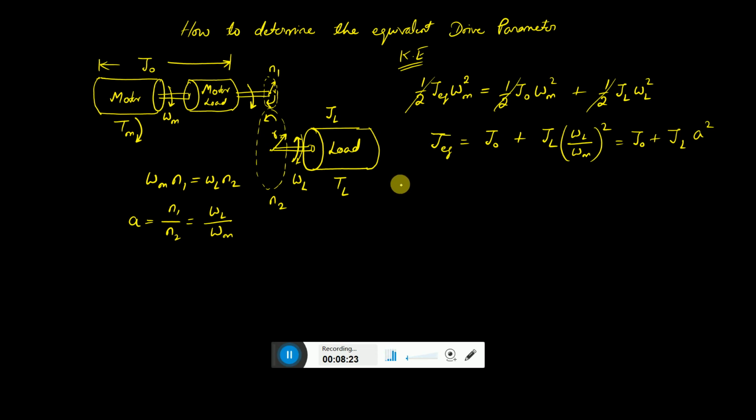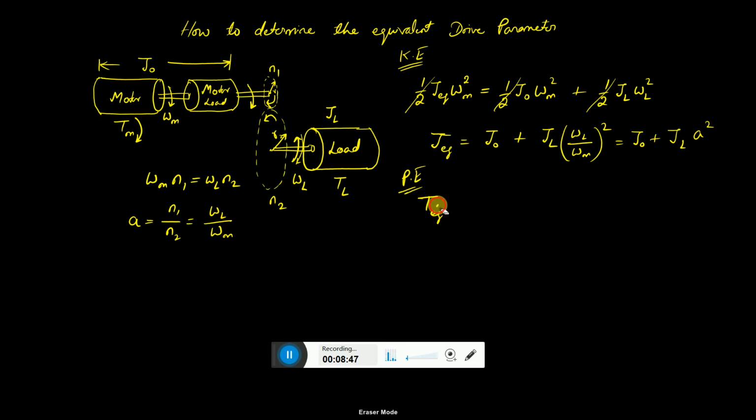Another approach is equating the power at both ends. So if I equate the power at both ends, the power formula will be T times omega. So what is the equivalent torque?